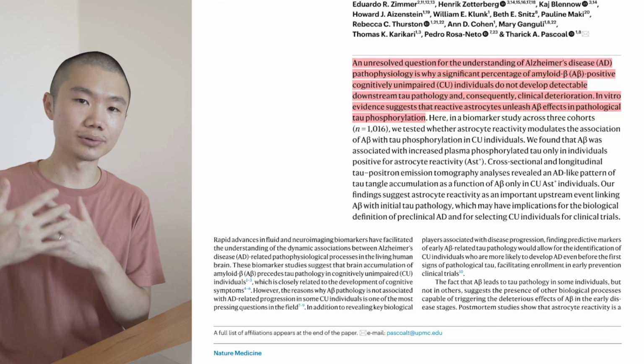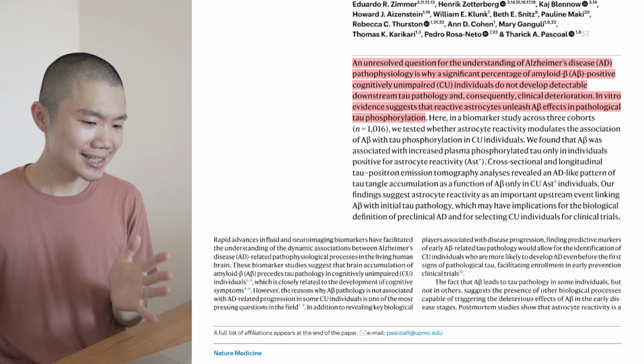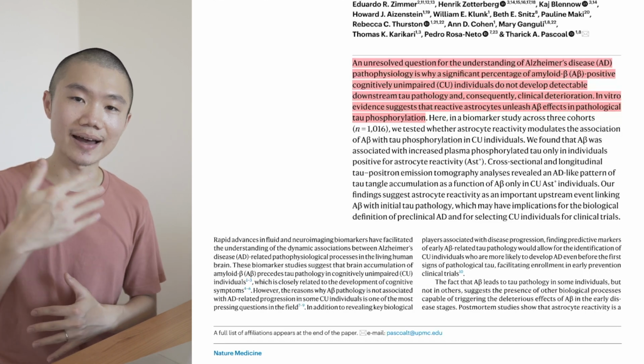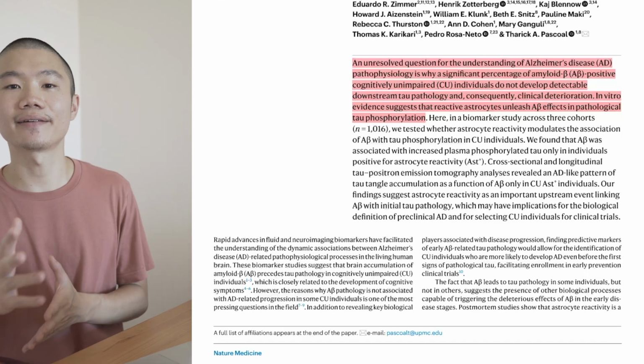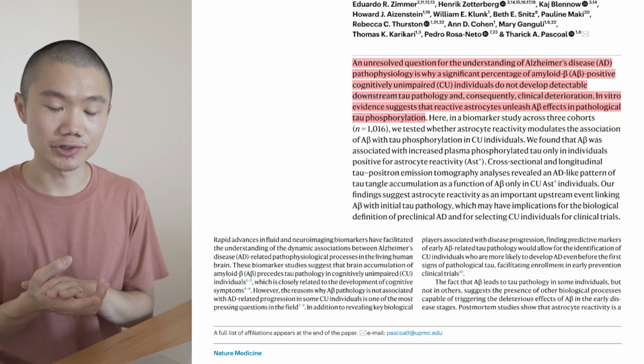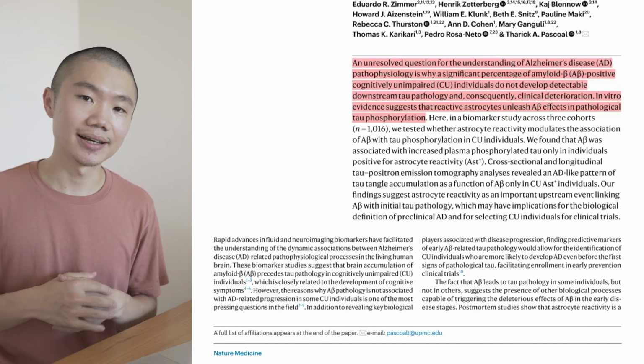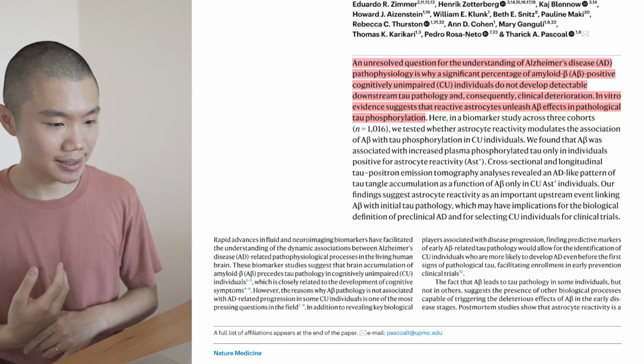However, they do not proceed on to developing Alzheimer's disease. So why is that the case? That they do have the abnormal protein, but they don't have the disease? This is the knowledge gap that the researchers are trying to answer. Is amyloid actually the cause of Alzheimer's disease?